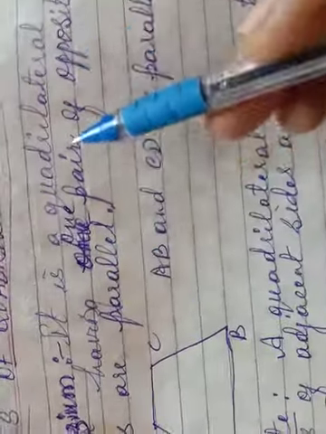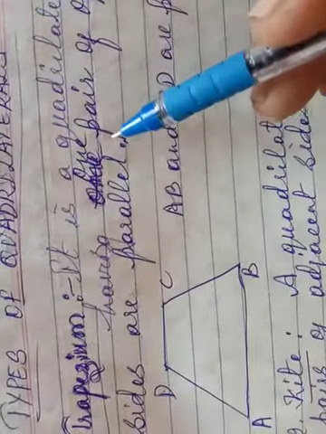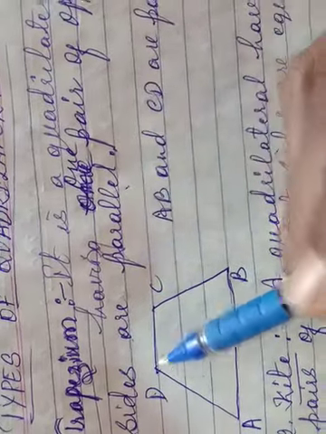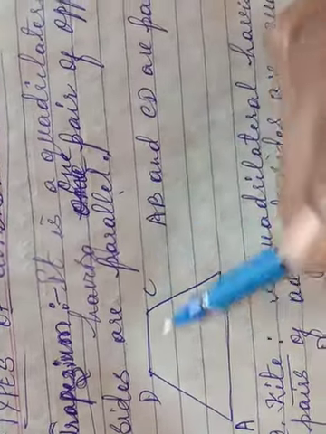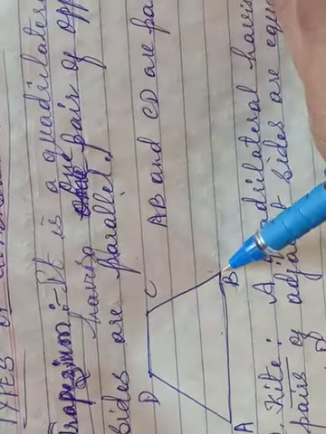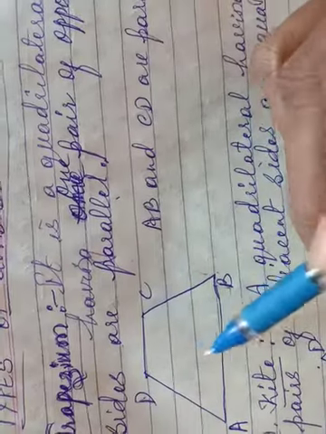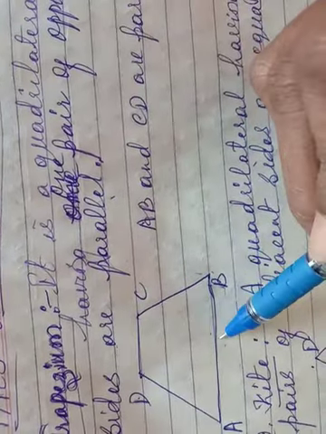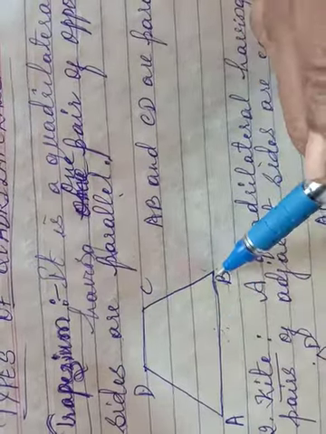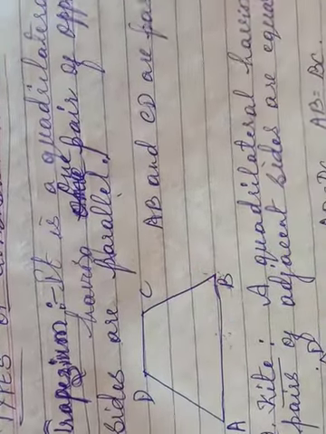It is a quadrilateral having one pair of opposite sides parallel. You can see in the diagram, ABCD is a trapezium which has only one pair of opposite sides parallel, and AD and BC are non-parallel sides.